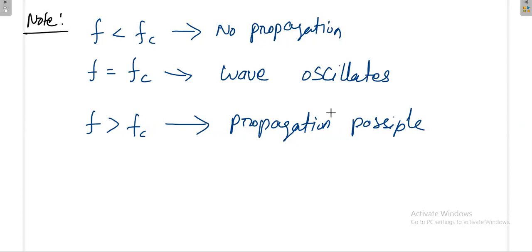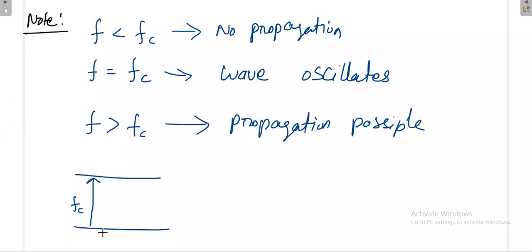Practically, what will happen when f is equal to fc? Say this is my waveguide, I am showing only two-dimensional. The wave is oscillating, so what should be the angle of the wave between the walls such that it will oscillate?